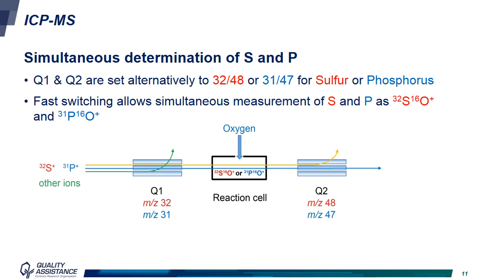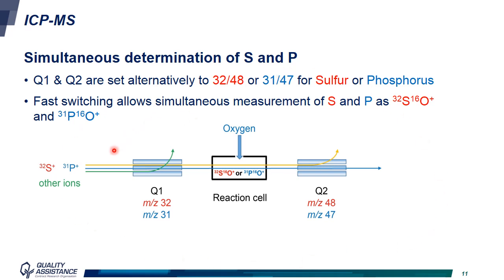If we want to have simultaneous determination of sulfur and phosphorus, then we will set Q1 and Q2 alternatively to 32/48 for the sulfur determination or 31/47 for phosphorus. The fast switching allows simultaneous measurement of sulfur and phosphorus as their corresponding oxides.